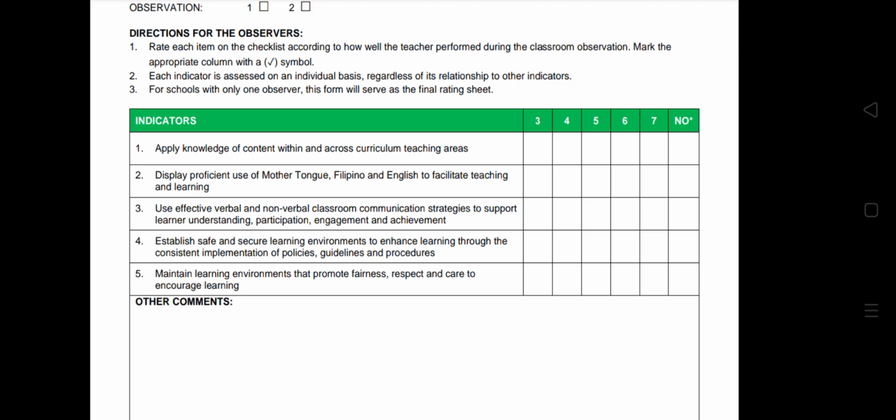You will be given 7 points dyan pag ipinakita nyo yan.